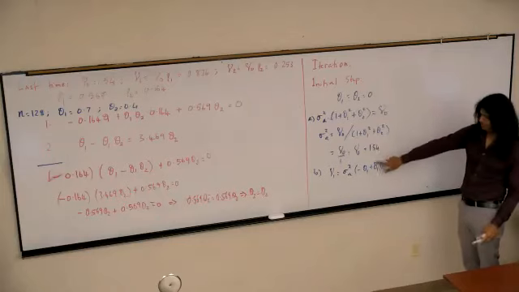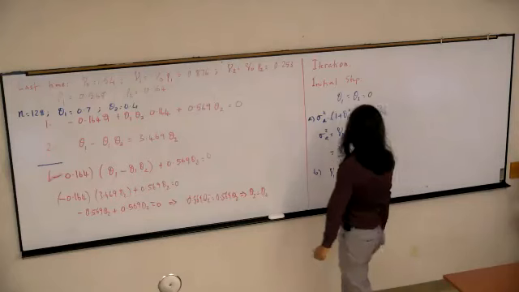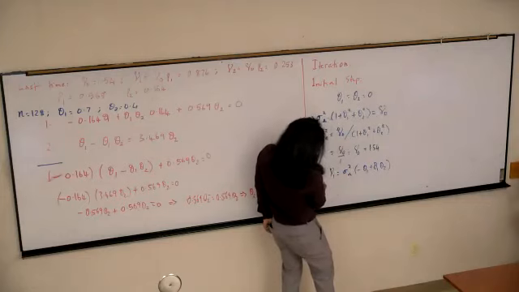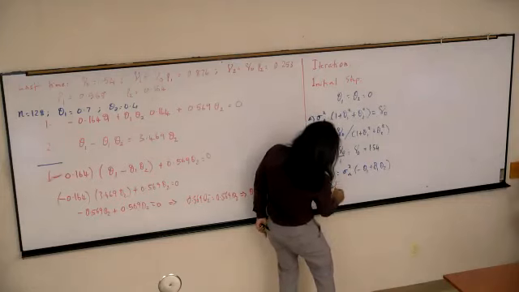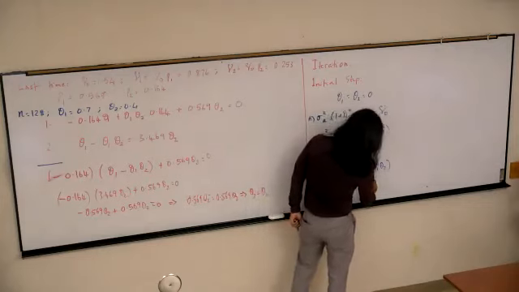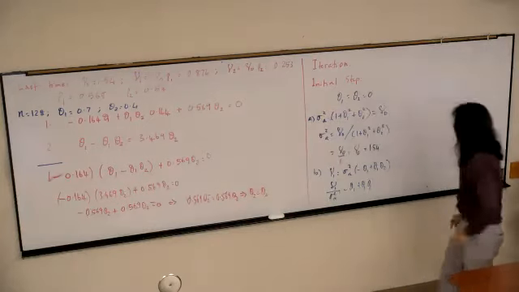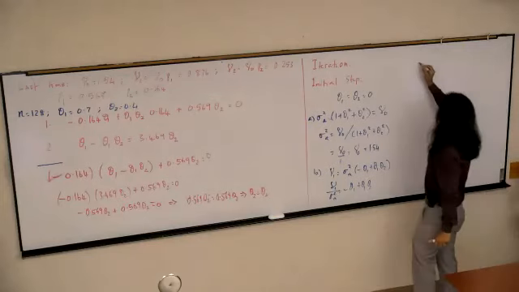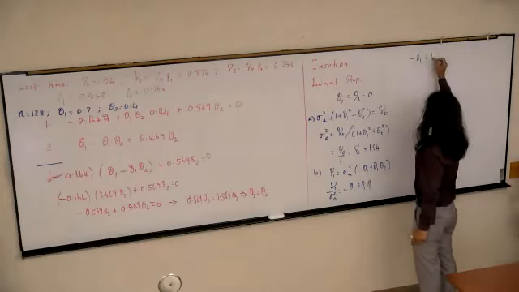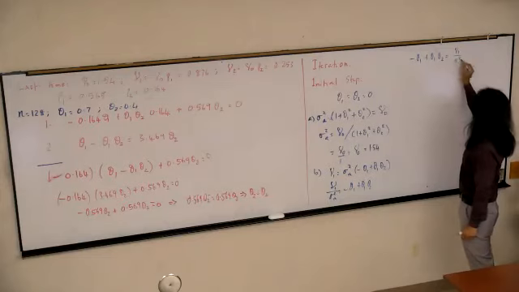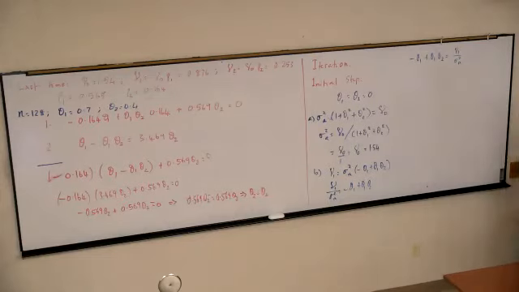So now that I know 1.54, I can divide gamma 1 by sigma squared A. That would give me negative theta 1 plus theta 1 theta 2 equals gamma 1 over sigma squared A. Good.